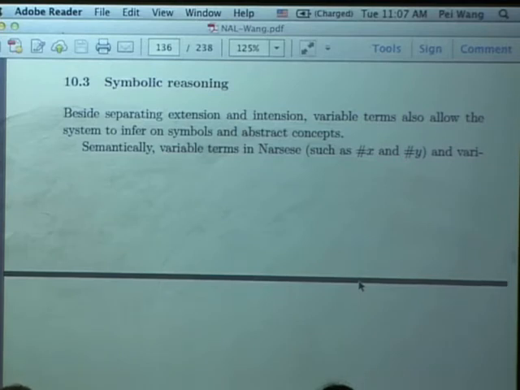So to introduce a variable, one thing I mentioned is to give the system the power to separate extension and intension. That's one function. Another function, also important, is to allow the system to do symbolic reasoning. What does that mean? That means the system can have a way to talk about concepts which don't really appear in its own experience. You see, in all the previous levels, all the terms about concrete things must appear in its experience.